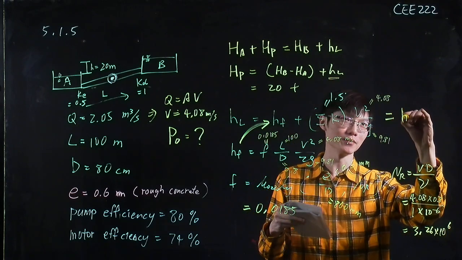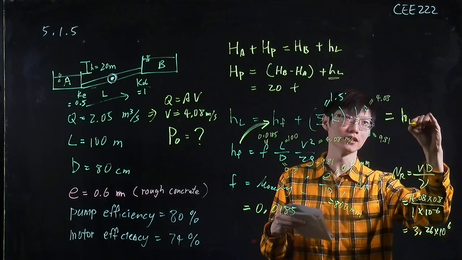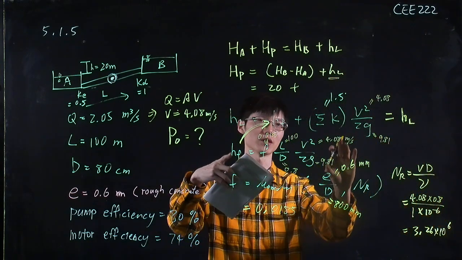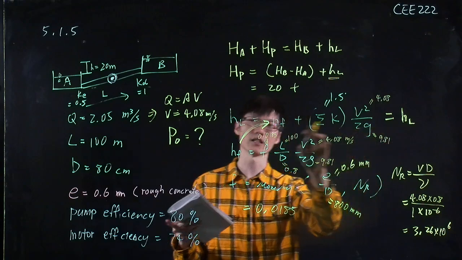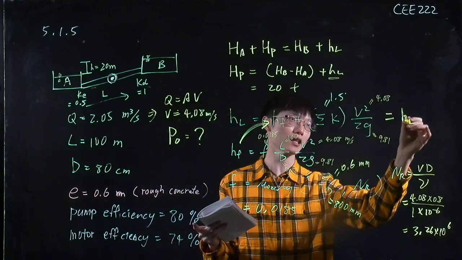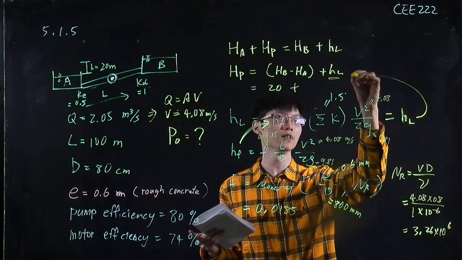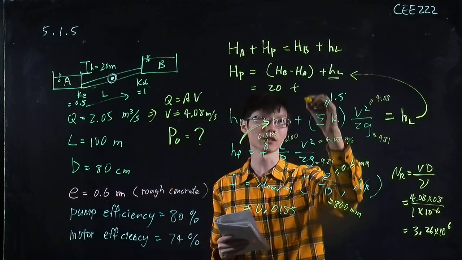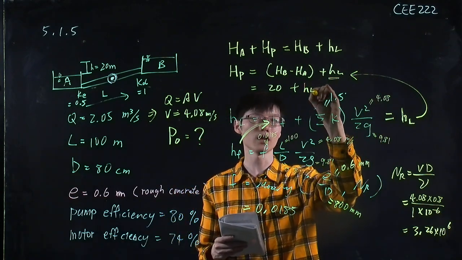So assuming that we have this head loss by using a calculator and plugging all those numbers in, you plug this head loss back to here. So here is the head loss that you have.